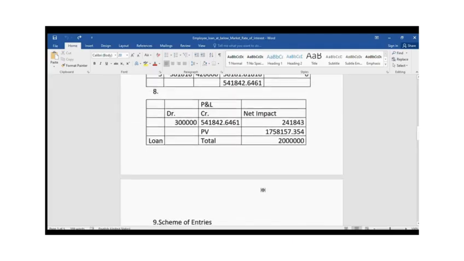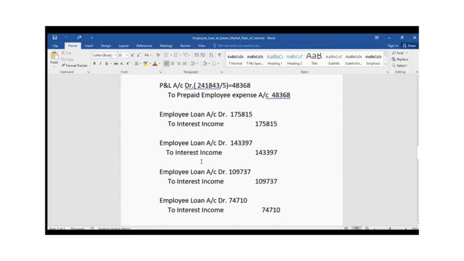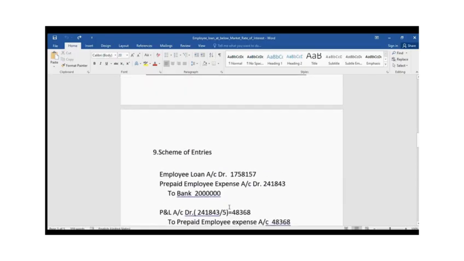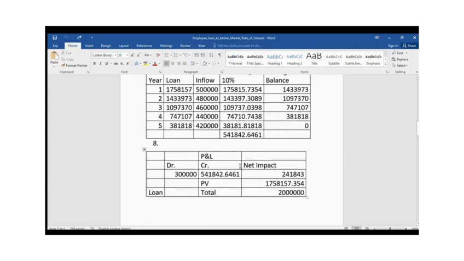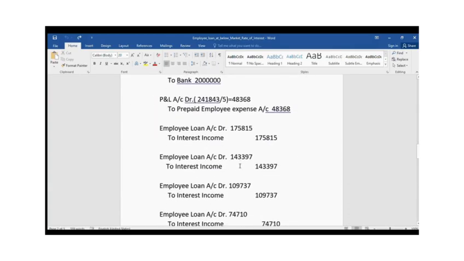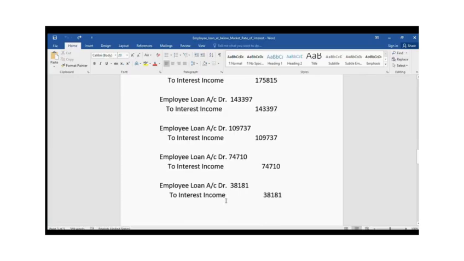In the year 4, 74710 would be the interest income. So employee loan account debit 74710 to interest income 74710. In the year 5, 38181 would be the interest income. So employee loan account debit 38181 to interest income 38181.